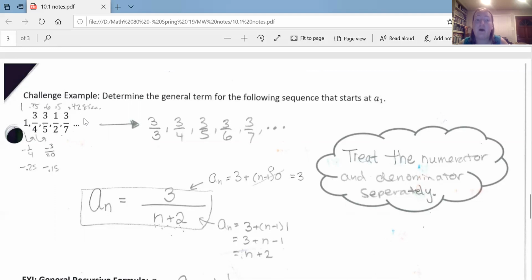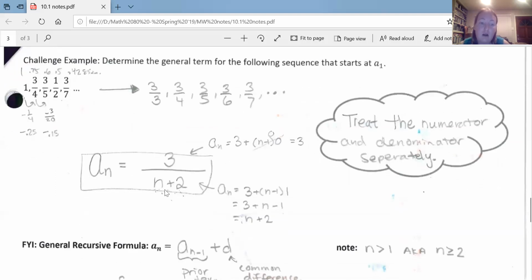So this is where it's maybe not so easy to figure out a d because it's not arithmetic, but what you can do is find the difference for the numerator and for the denominator separately. And so there is no difference, so it's just 0, so it's just always a 3 on the numerator, and the denominator is affected by the term. It goes from 3 for the first term, 4 for the second term, etc. And so the difference is 1 between all of the denominators, the 3, the 4, the 5, 6, 7, and your starting is 3.